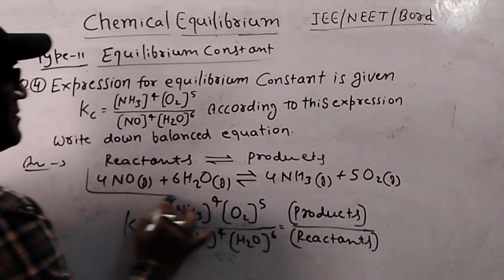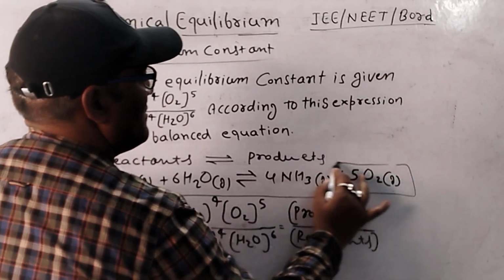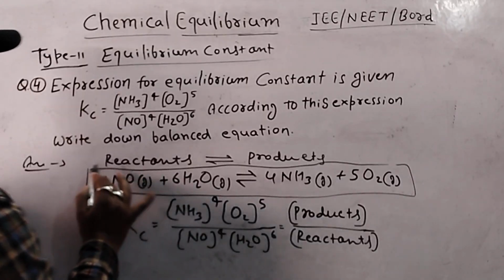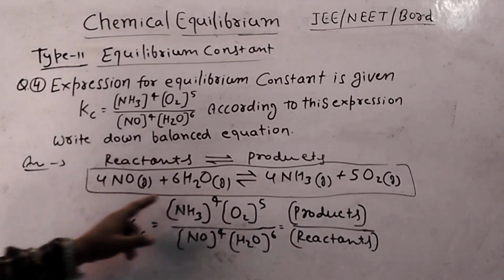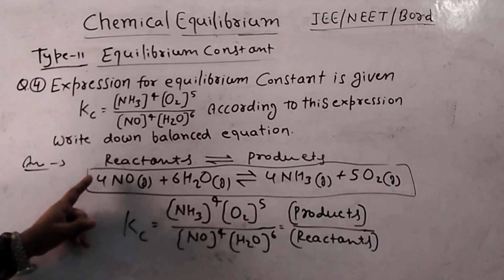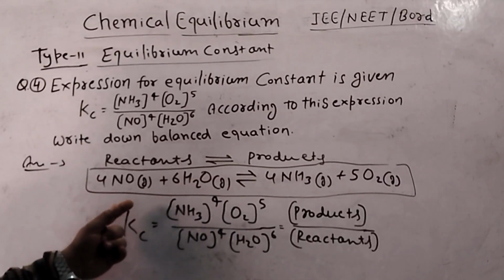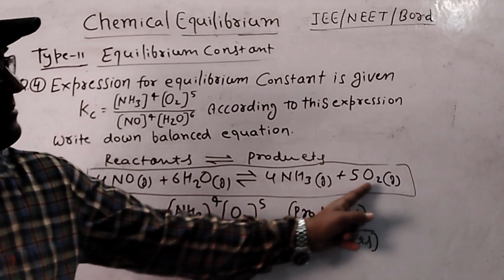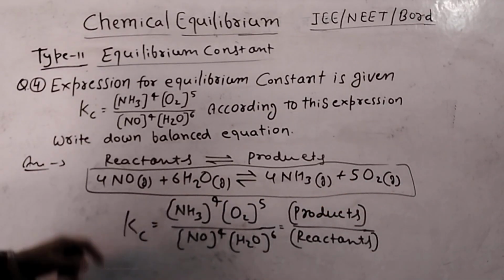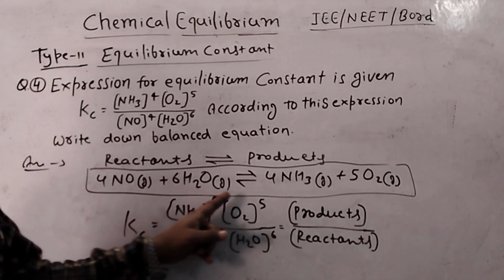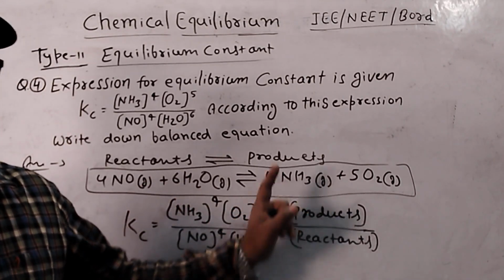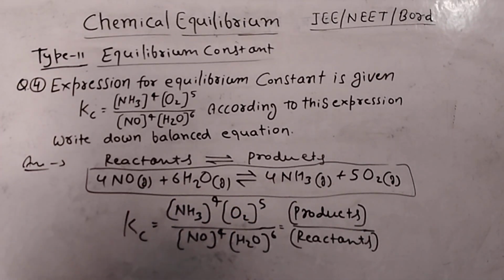So this is the final answer. Now we can balance: 4 nitrogen on LHS, 4 nitrogen on RHS; 4 oxygen plus 6 oxygen, 10 oxygen on LHS, 5 into 2, 10 oxygen on RHS. In the case of hydrogen, 6 into 2, 12 hydrogen, and 4 into 3 is 12 hydrogen. So this is the correct answer. You can take a screenshot. The question is solved.